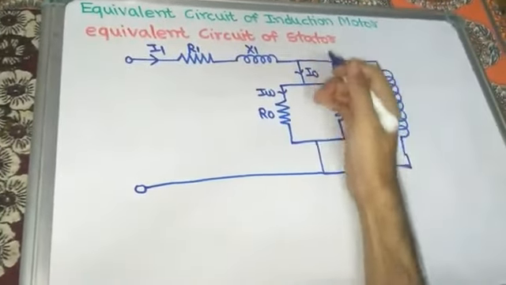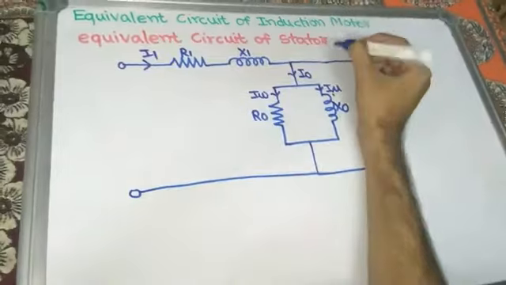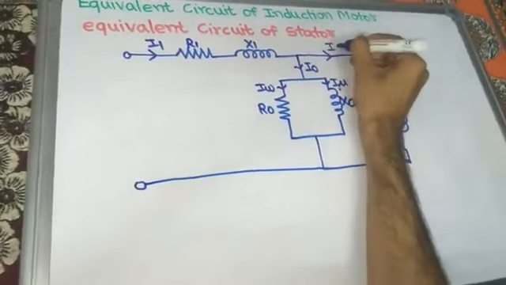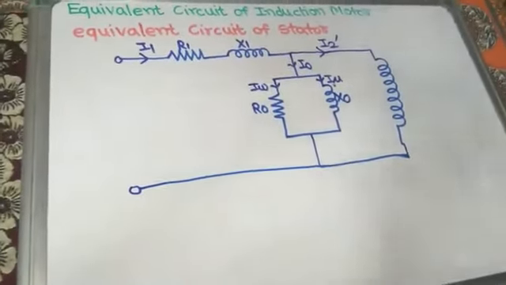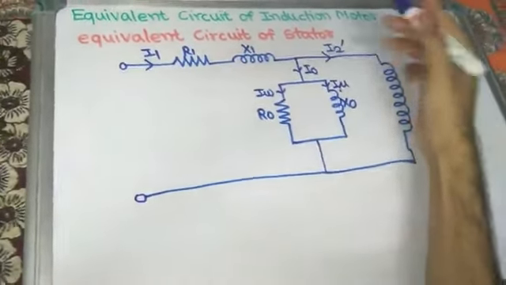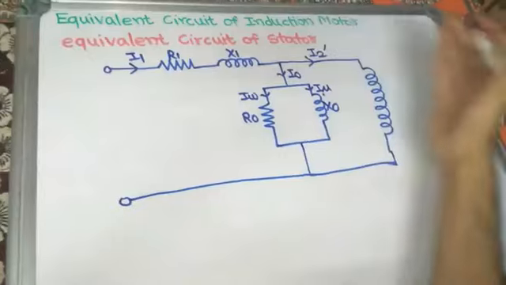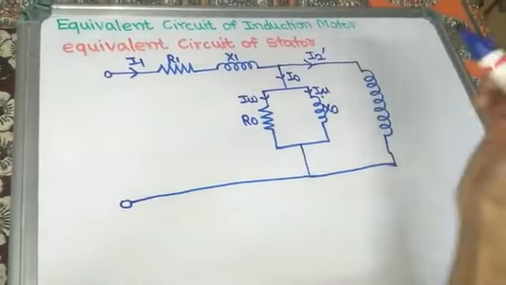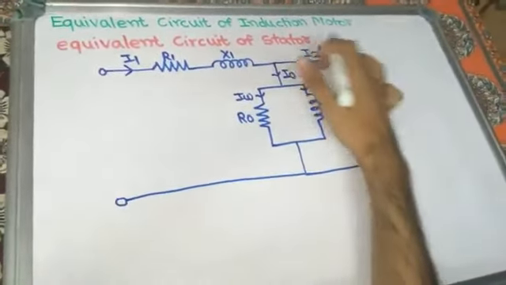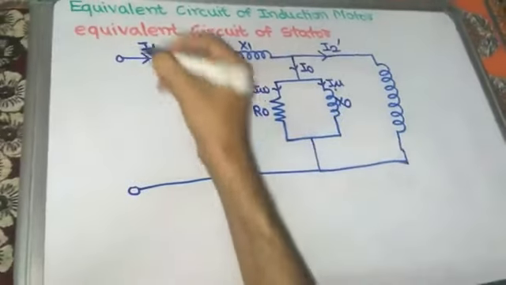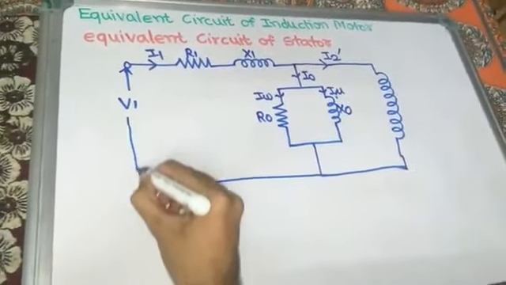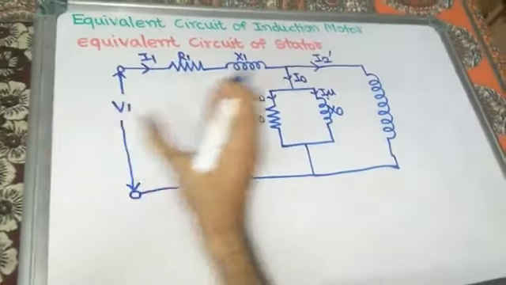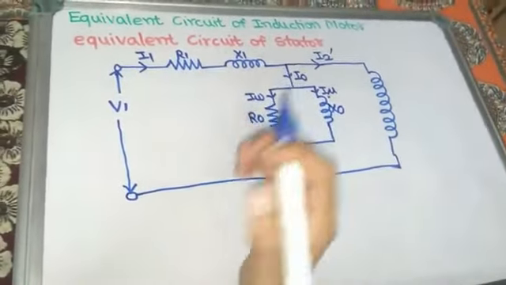Here I0 is flowing, that is the no load current. Here the current flowing is the reflected load component of the secondary winding, meaning the reflected secondary current I2 dash is flowing through this branch. The applied voltage to the stator winding is V1, similar to the voltage applied to the primary winding of a transformer.